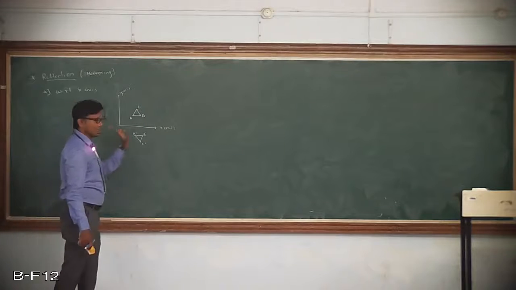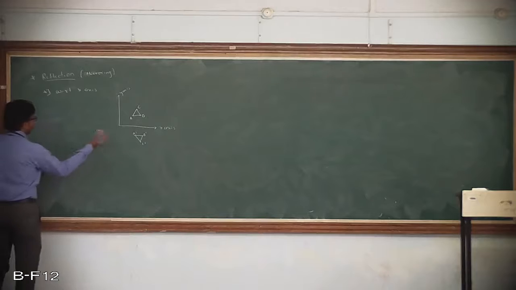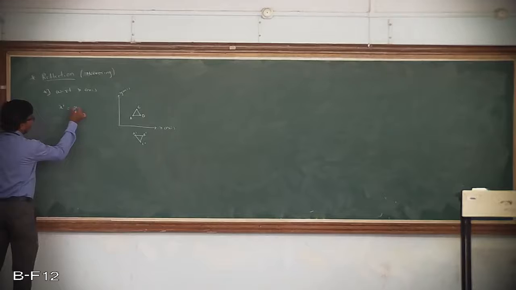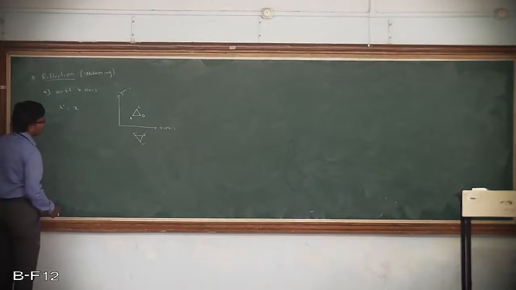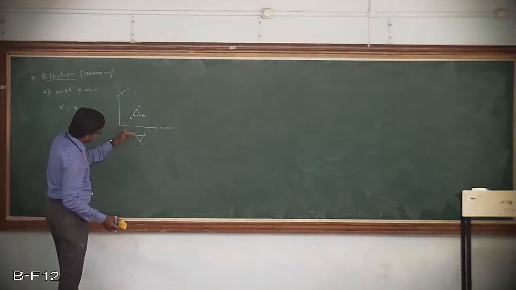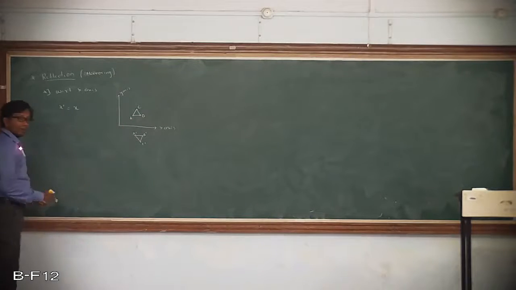So what will be x dash? x dash will be equal to x. A point has been shifted to a dash, but the line is the same along the x-axis. So x dash equals x.